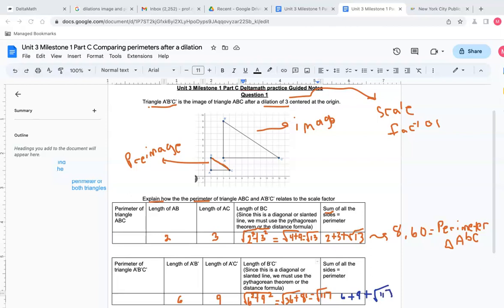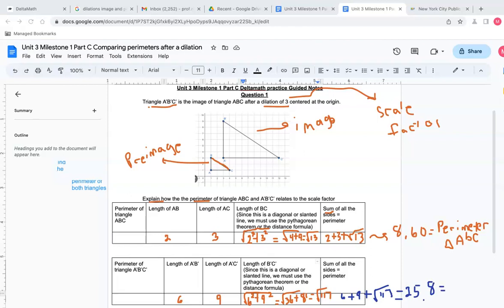And that's going to give me, I'm going to put this in my calculator as I did before, 6 plus 9 plus the square root of 117. And that's going to give me about 25.8. All right, 25.8.